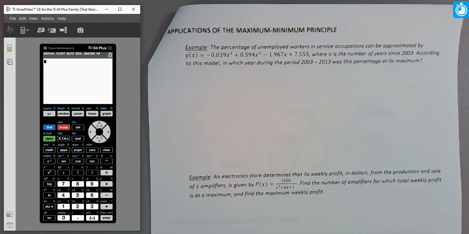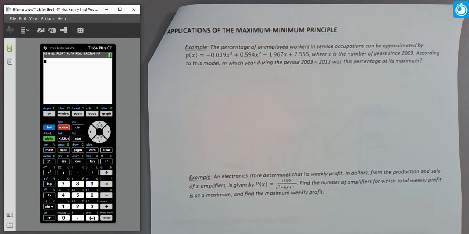So x represents the number of years that have elapsed since 2003. According to this model, we want to know in which year during the period from 2003 to 2013 was this percentage at its maximum? When did it reach its maximum? That's what we want to know.